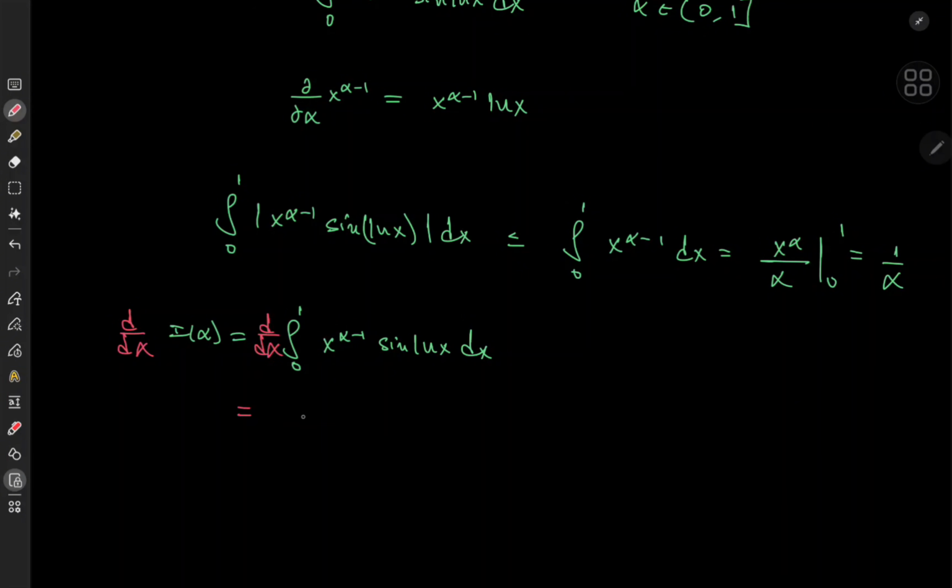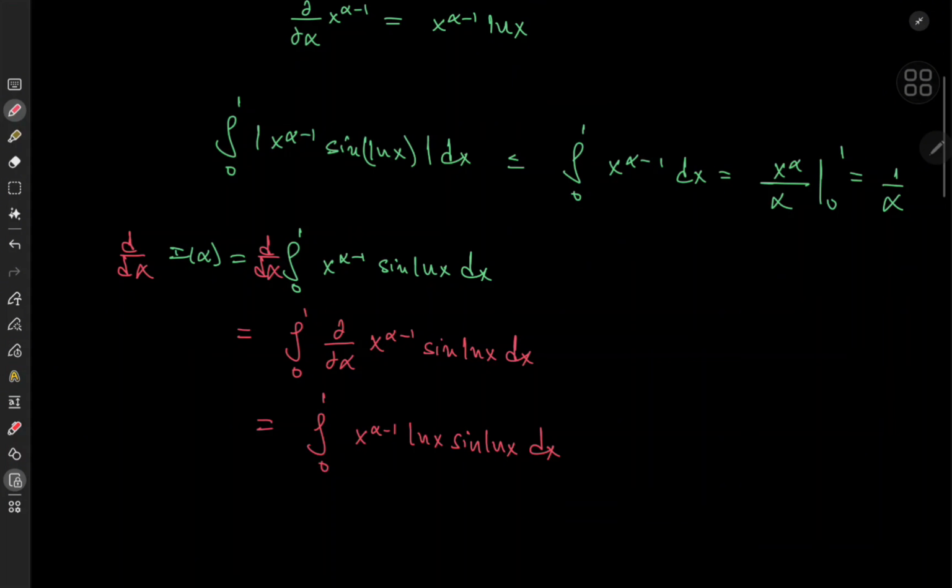And on the right-hand side, since we can switch it up, we have integral 0 to 1 partial derivative, because of the Leibniz rule, x to the alpha minus 1 times sine of log x dx. Okay, cool. So like we discussed before, this results in the integral from 0 to 1, x to the alpha minus 1 times log x times the sine of log x dx.